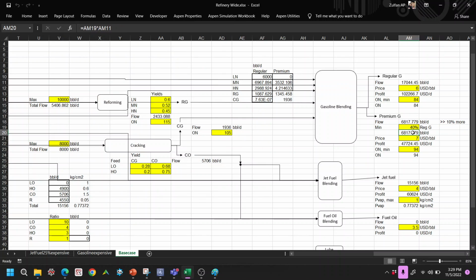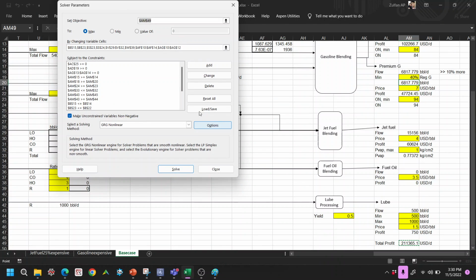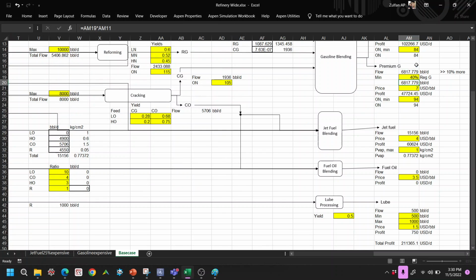Now suppose this is 7,000 and 10% more is 7,700, or 7,500, and then you can add the constraint here.